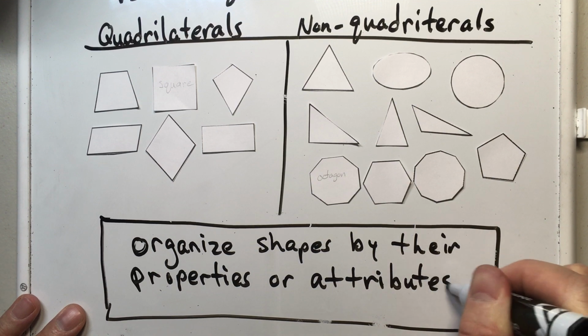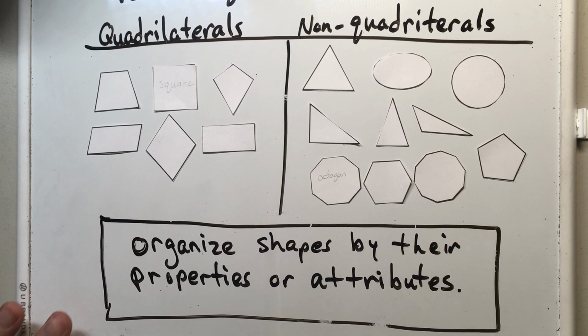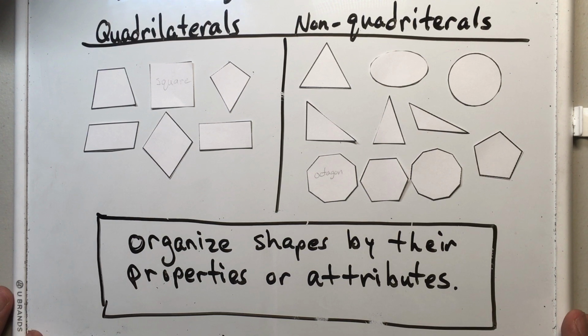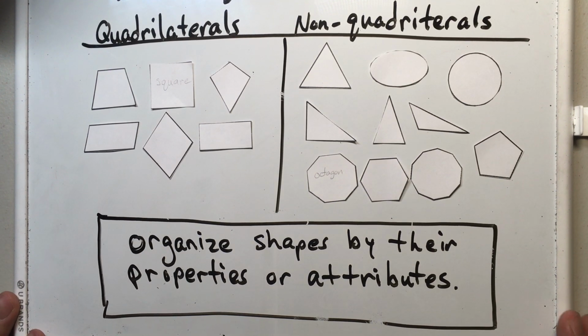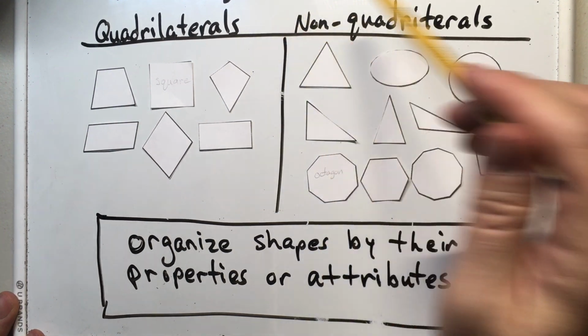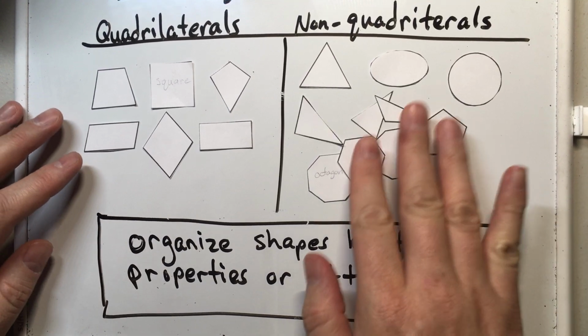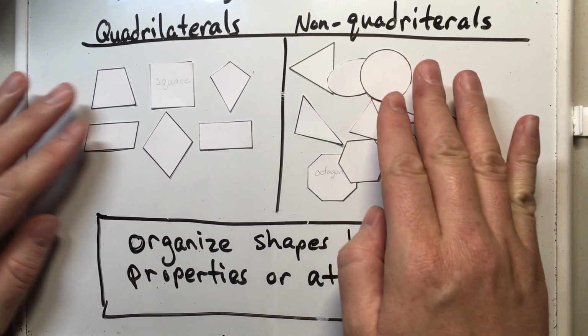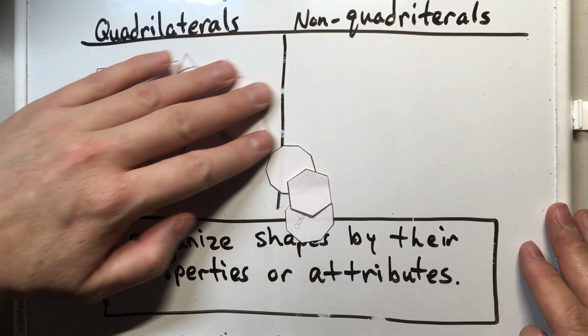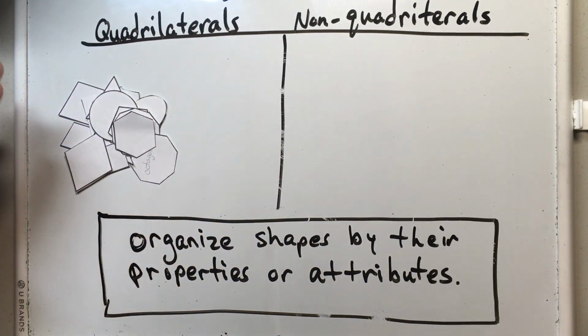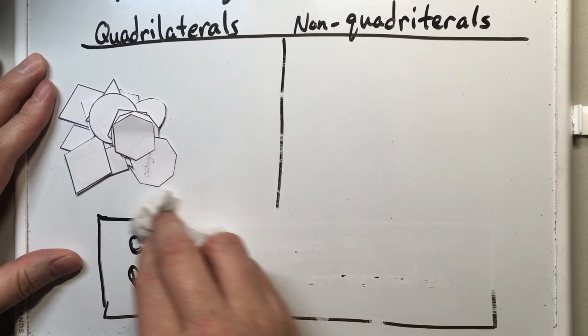Same thing. For this strategy, I organized them by the attributes, whether they had four sides or not, whether they were quadrilaterals or non-quadrilaterals. Think of this as like a deck of cards. Now what you want to do is reshuffle the deck, and this is wonderful for learning, and it's fun.